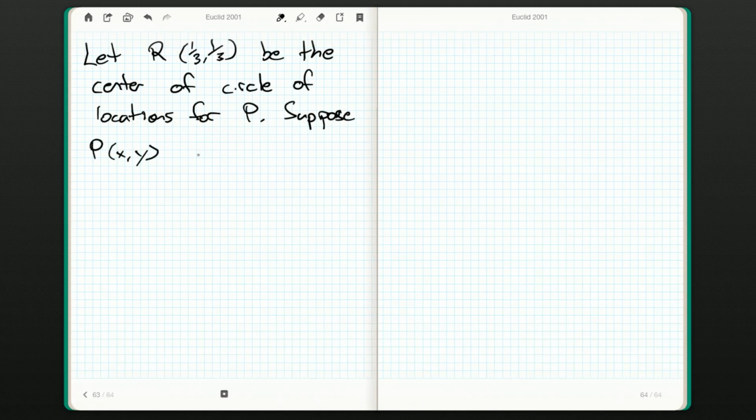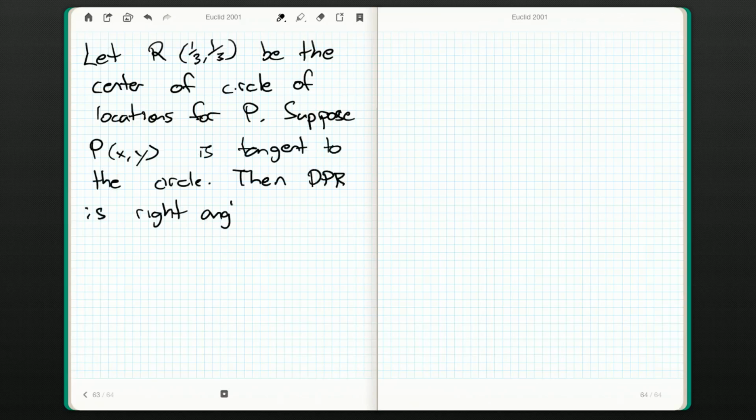So we'll suppose P at (x, y) is tangent to the circle, then DPR is right angled at P. So PR is the radius, which is 2/3 root 2.